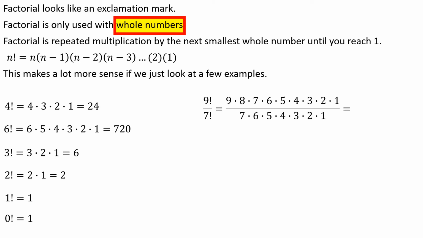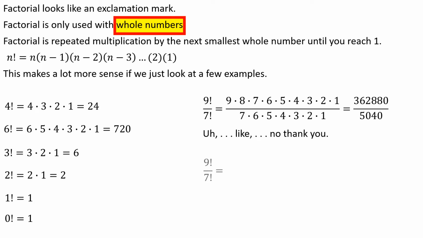Bottom of the fraction, 7 times 6 times 5 times 4 times 3 times 2 times 1. Now, if I multiply that all out, I would have 362,880 over 5,040. I don't think I really want to multiply out numbers that big, nor do I think I want to try to simplify that fraction.